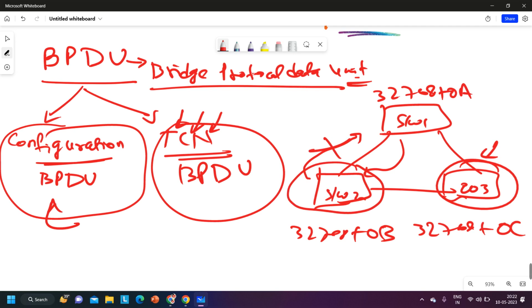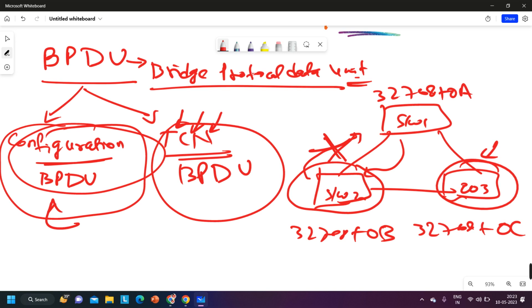Once a switch comes to know that it is not the root bridge, it stops advertising configuration BPDU. A switch will send configuration BPDU only as long as it thinks that it is the root bridge. After that, it will never generate it.